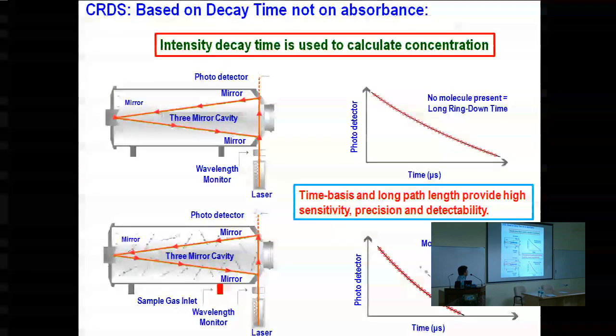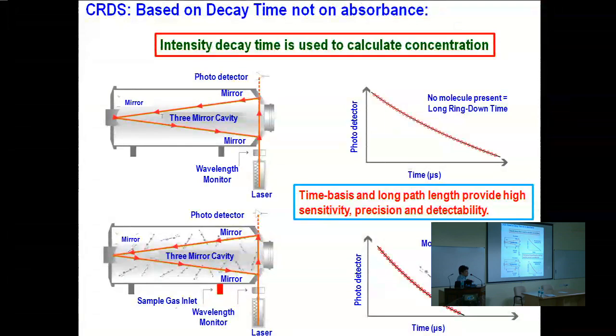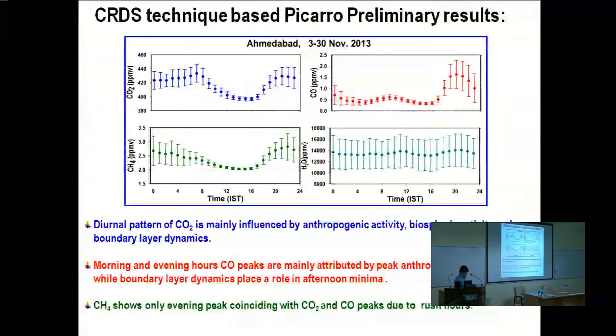Since there are absorbing molecules, they will absorb the intensity, and the intensity will slowly decay. These 3 mirrors help to increase the path length to around 20 kilometers. So this is a very good technique.